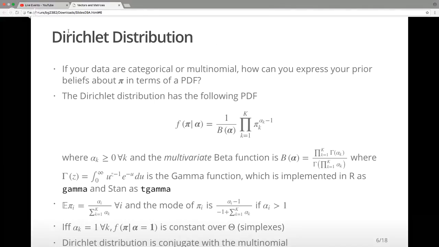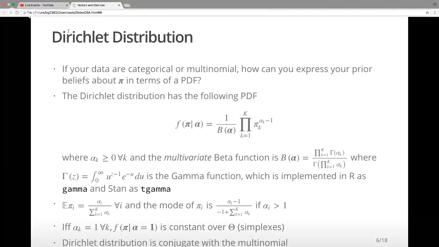But the gamma function does appear from time to time, and that is implemented in R as the gamma function. In Stan, it's called the tgamma function, which is more of its C++ name. Of course, when doing things in Stan, we're often going to be more interested in the logarithm of the gamma function, which is known as lgamma in the Stan language.